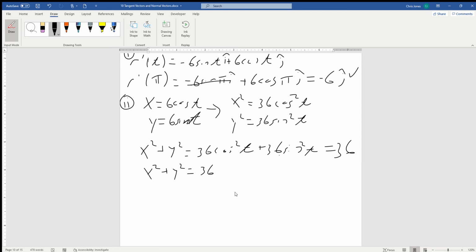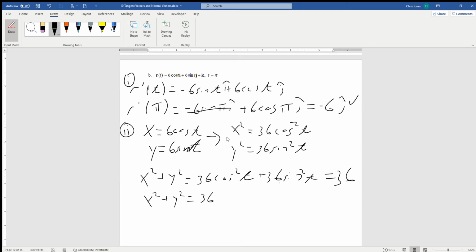If we were to plot this function, notice that the k is always 1 no matter what. Each time we plot it, it's in 3 dimensions, but it's not going up forever, it's always going to be 1. So imagine it being a circle of radius 6 when z is equal to 1.